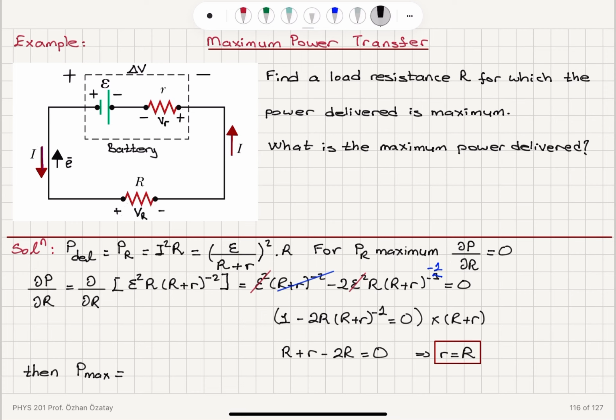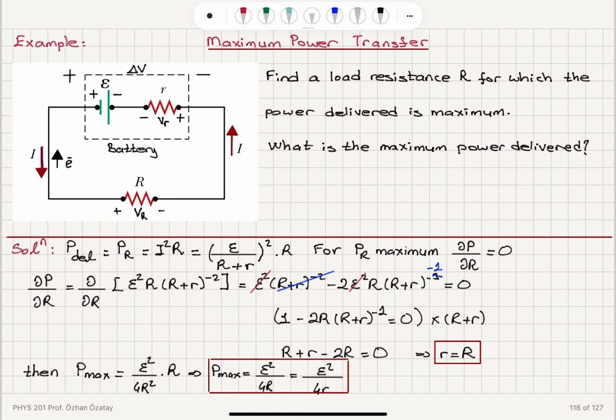This will give me epsilon squared over 4 capital R squared multiplied with capital R, and I will find the maximum power delivered to be epsilon squared over 4 capital R, or epsilon squared divided by 4r, which is the internal resistance of the battery.